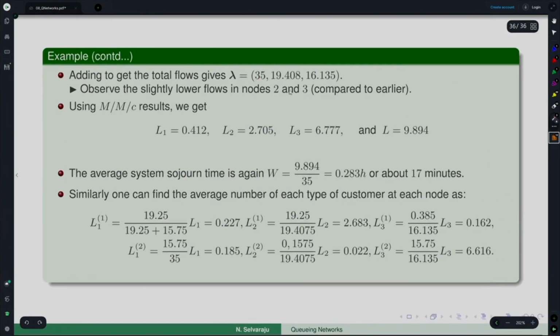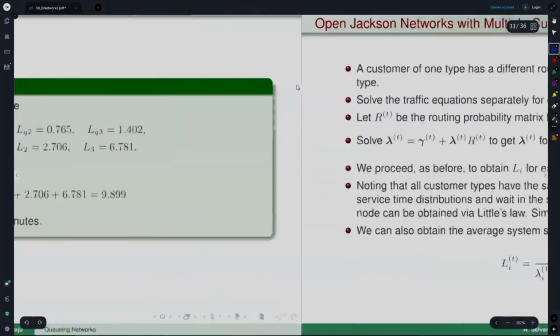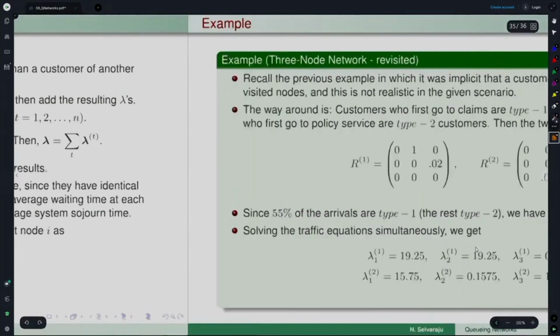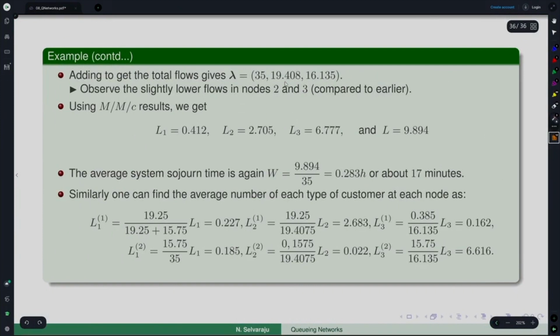So, I will get 35, 19.408 and 16.135. Now, you see these 2 values are slightly lower than what was there in the previous case. Go back and see, in the previous case it was 19.411 and 16.138. And here it is 408, it is 135, slightly less.